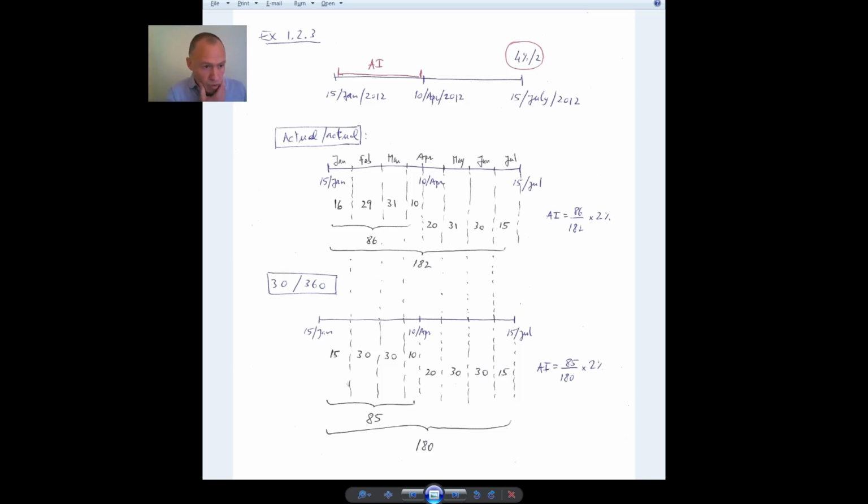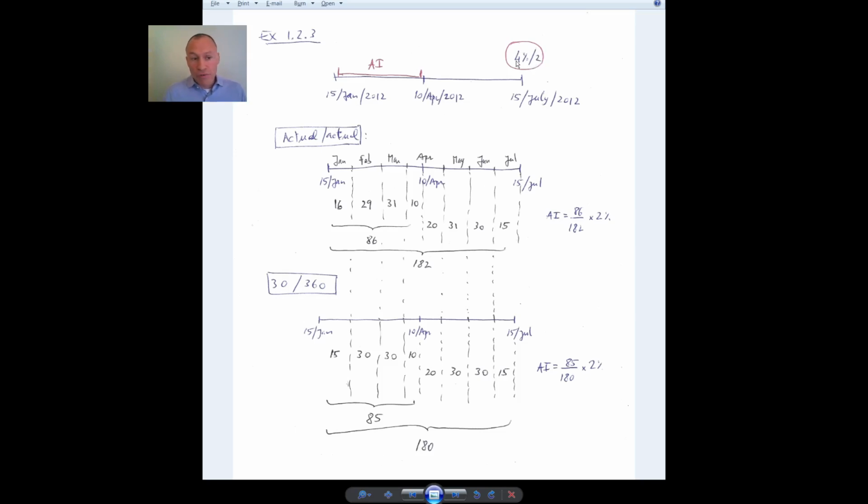So again, this is a bond that pays coupons every 6 months. So if it matured on the 15th of July 2020, then in 2012 these were the two dates where there were interest payments, on the 15th of July and 6 months before that, on the 15th of January. When we are trading here on the 10th of April, the next coupon that is going to be paid is this one here, 4% divided by 2.